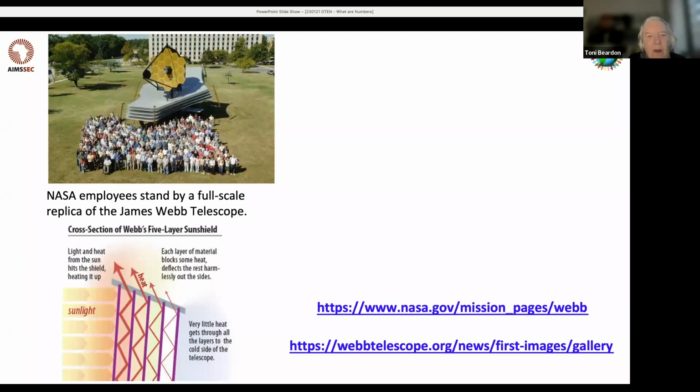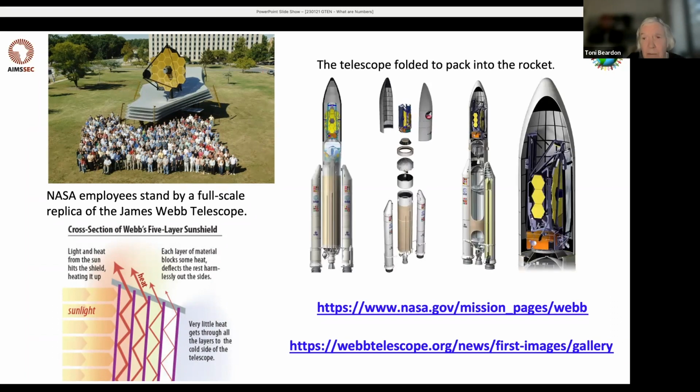Then the heat that goes through the next layer of the sun shield is again bouncing around, and some of it is being emitted, and some of it is going through to the next layer, and it's getting a little bit cooler each time. And so in the fourth layer, it's even cooler, and by the time it goes through the fourth layer into where the actual telescope is, very little heat's getting through, and so the telescope isn't damaged.